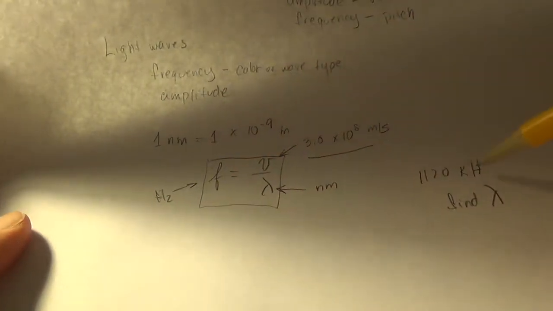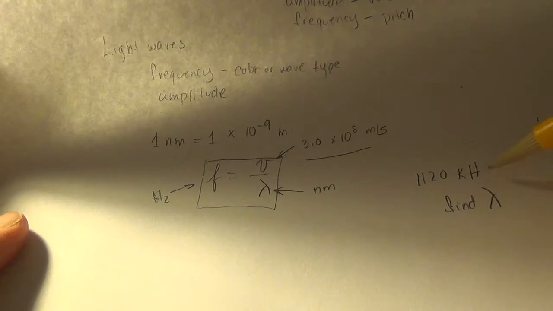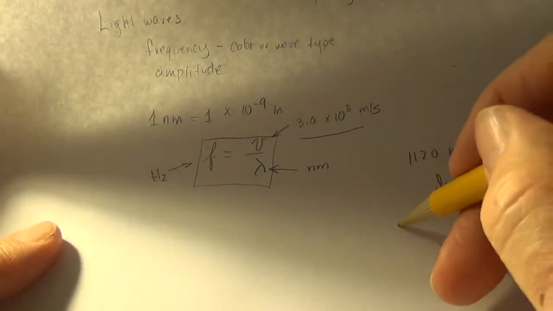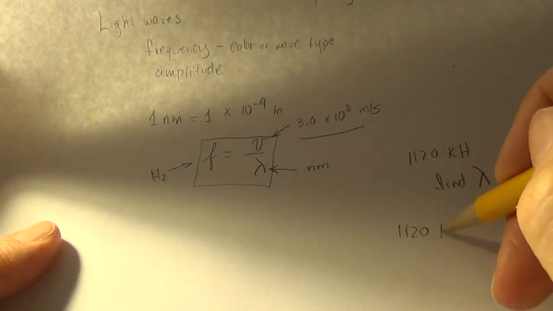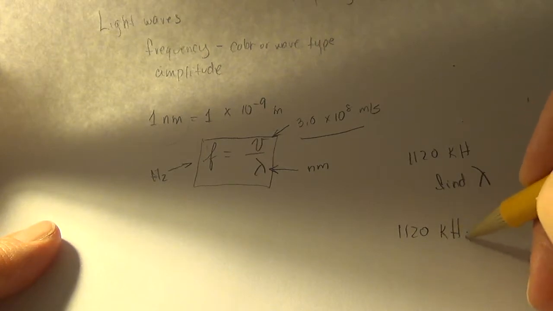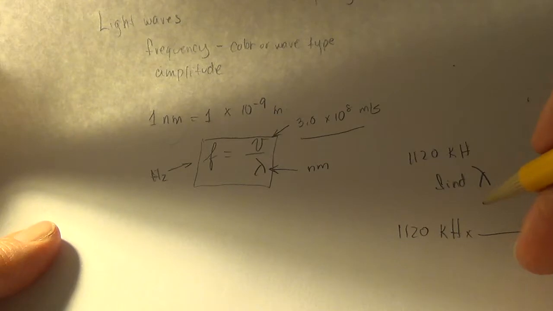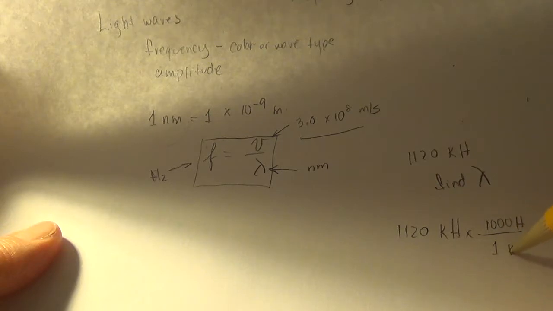The frequency is given, but I want to work with it in hertz. So I'm going to take 1120 kilohertz and multiply it by, I know that 1,000 hertz is 1 kilohertz. And I know kilometer is 1,000 meters, so kilohertz is 1,000 hertz.